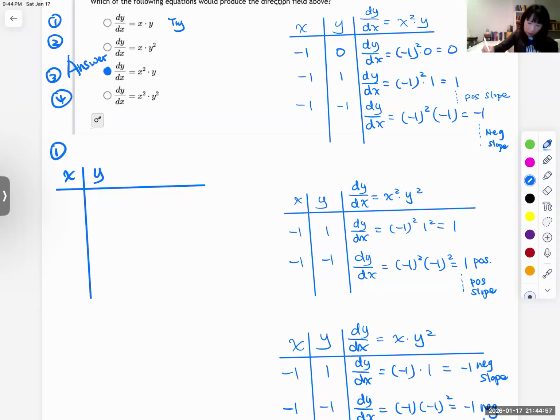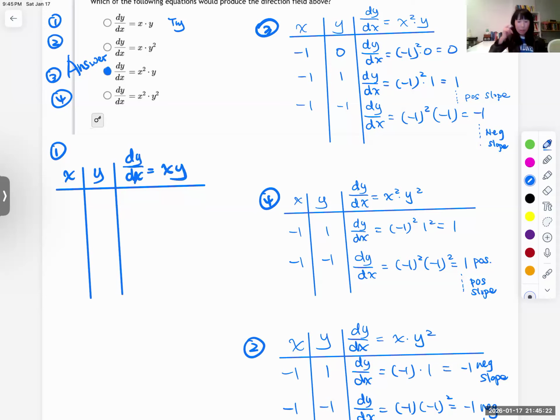Number 1 is x, y squared. This is number 2, this is number 3, this is number 4. And then the slope, which is x times y.